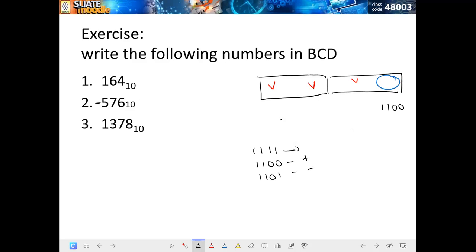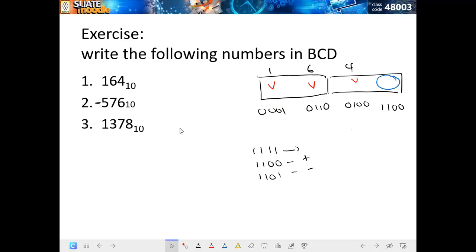Unsigned is only used in areas where you are not going to represent any number. So here this is a positive one, 1100. Then we put the values from here: 4 is 0100, then 6 is 0110, then 1 is 0001. 164 is represented like this.